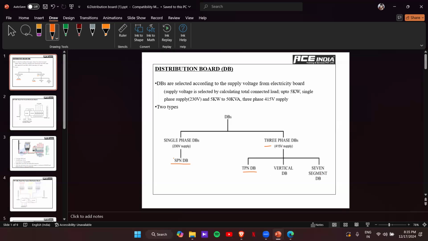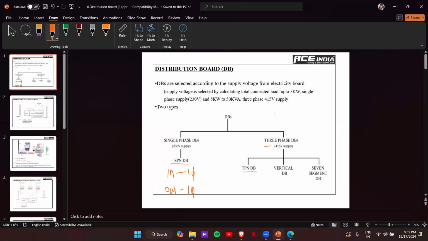In a single phase DB, the incoming will be single phase and the outgoing will obviously be single phase itself. So, single phase incoming and single phase outgoing.